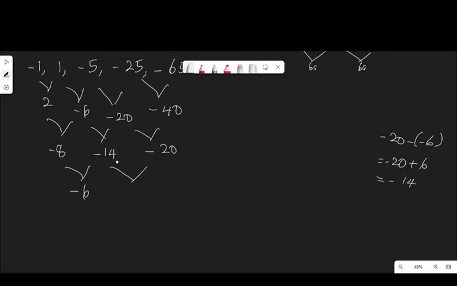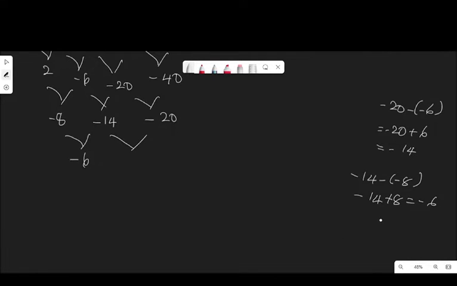Minus 20 plus 14. Hope you understand what I'm doing. Look at this. Minus 14 minus minus 8. Minus minus is plus, so it's minus 14 plus 8, which is minus 6. Again, doing the same thing. Minus 20 minus minus 14.